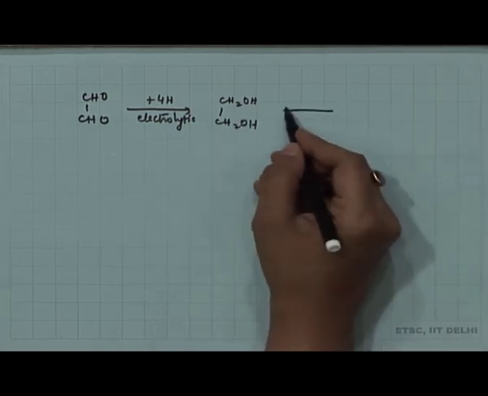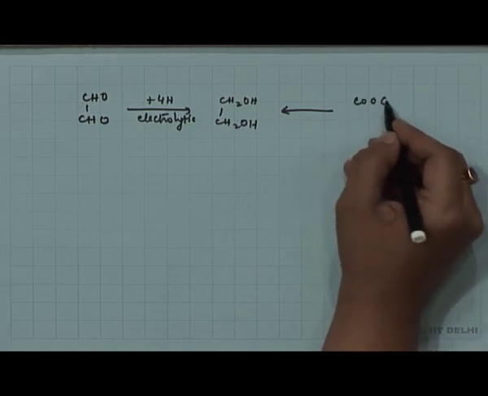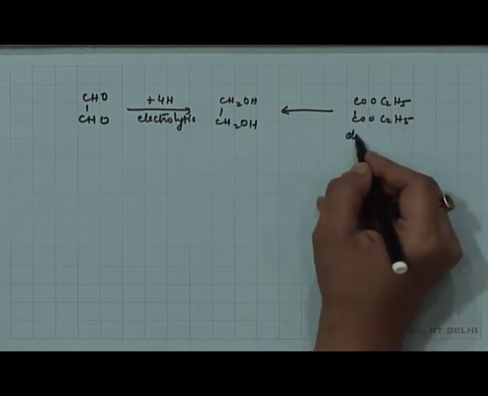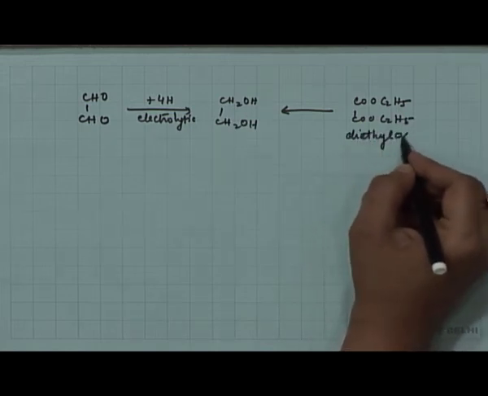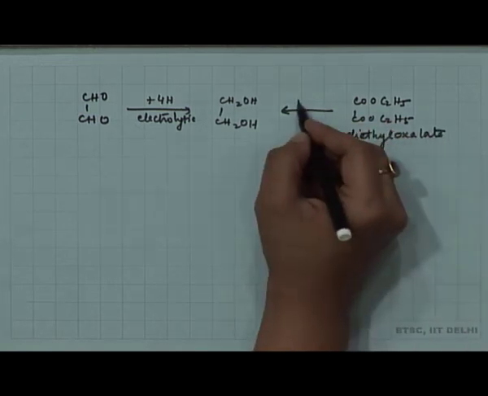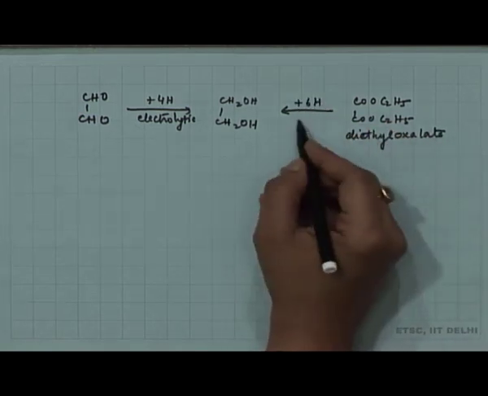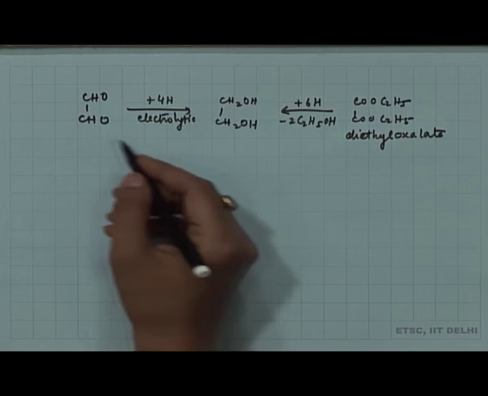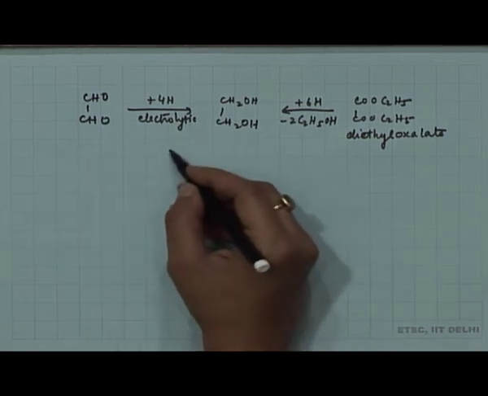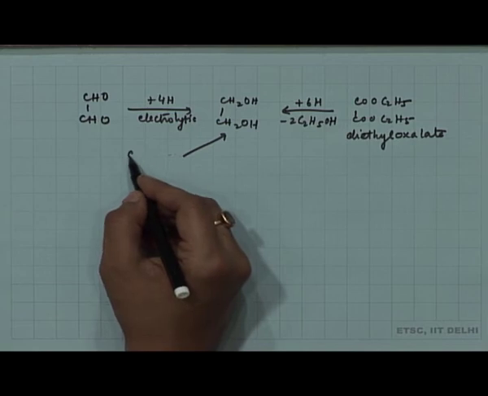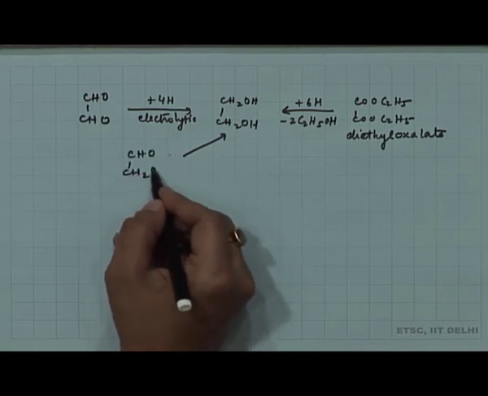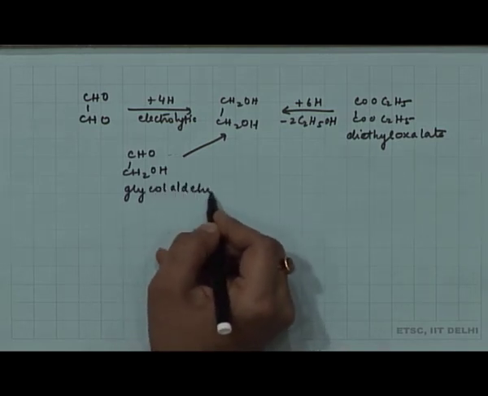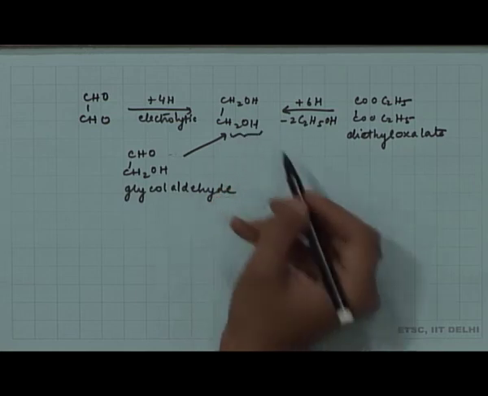The same thing can also be achieved starting from the diester, diethyl oxalate, which involves loss of 2 molecules of the alcohol. You can also get the same compound starting from the half aldehyde, glycol aldehyde, to give you this glycol.